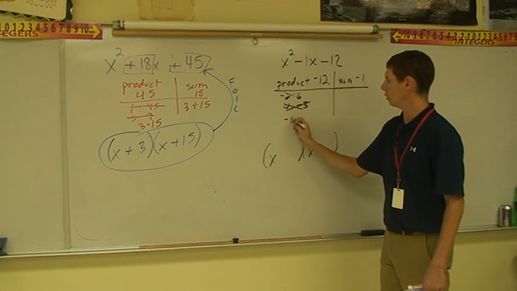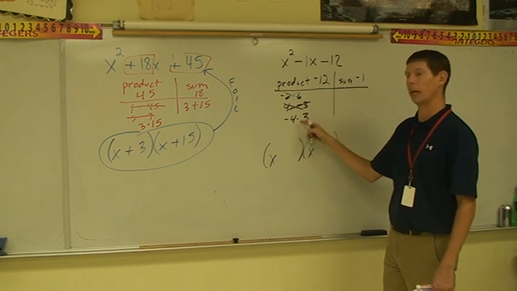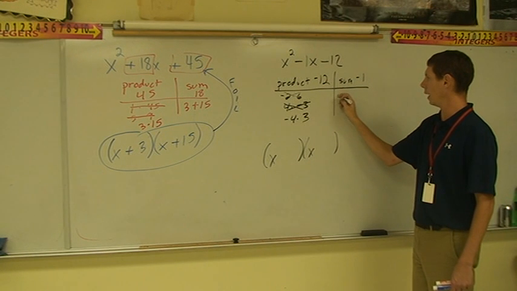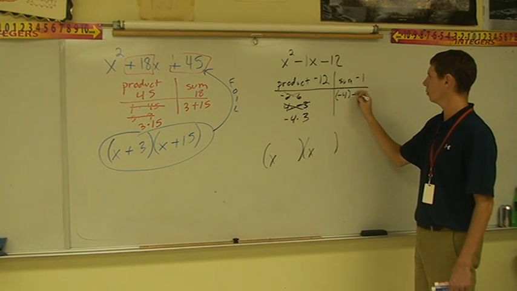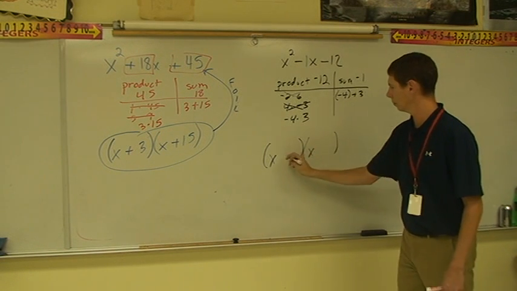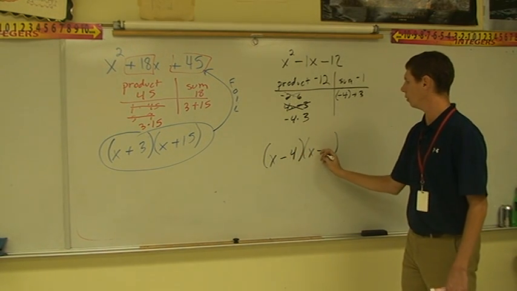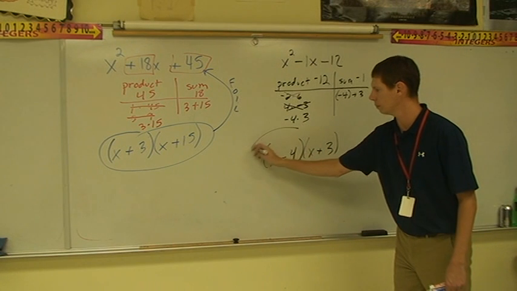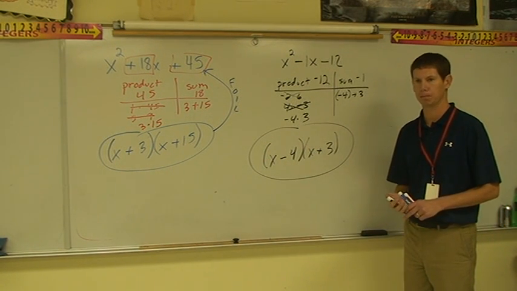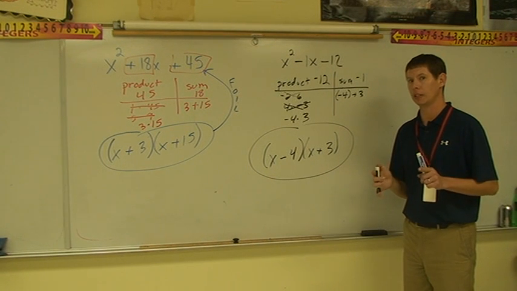So if we just switch those, a negative 4 times a 3, those do give us a negative 12 still as a product. And when we add those together, we're having our chicken dinner. So the negative 4 and the positive 3 end up in here.